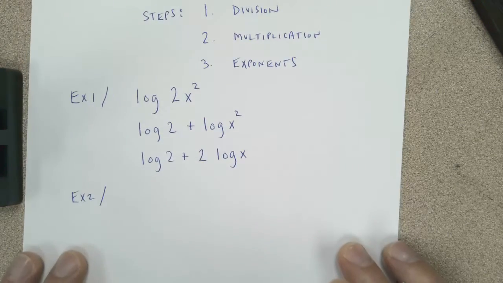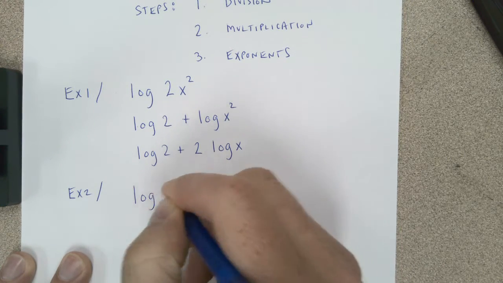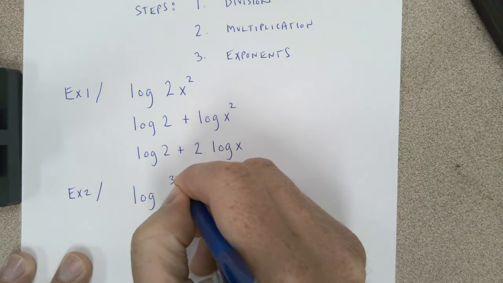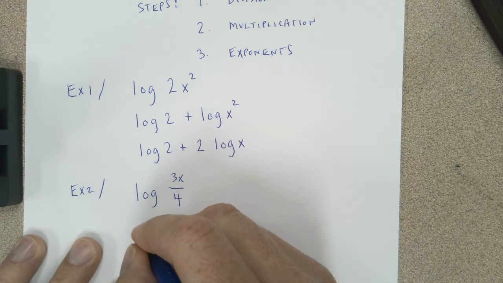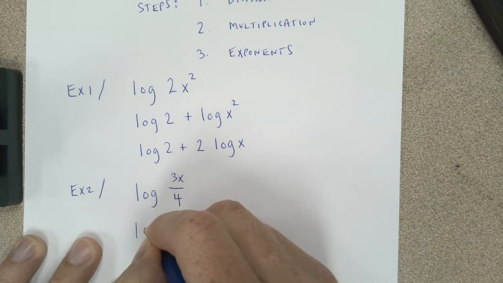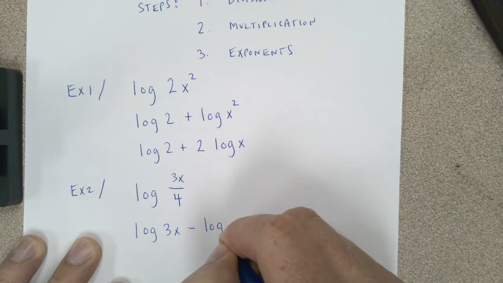Let's look at another one where we're expanding. This is the log of 3x over 4. So again, notice we have division, so we always do division first. So we're going to say that this is the log of 3x minus the log of 4.